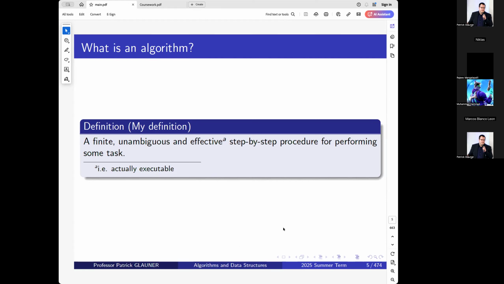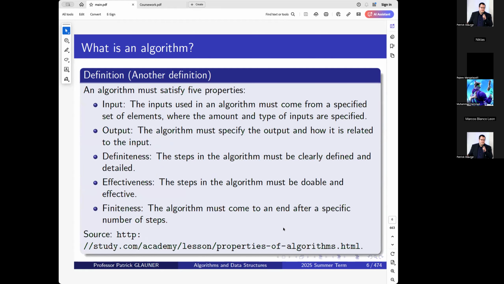So these are some definitions that are quite short and simple, but there are more. For example, I found on the internet a definition that says an algorithm must satisfy 5 properties. I saw the questions in the chat; I'll refer to them in a moment.